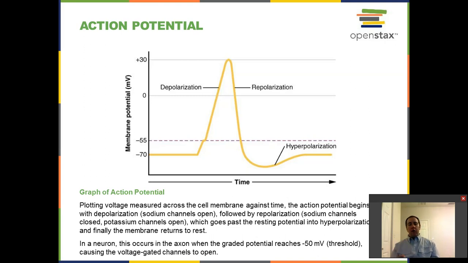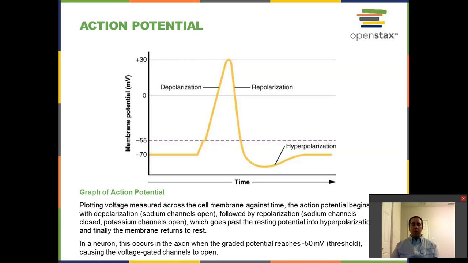So, threshold potential. The voltage that causes the voltage-gated channels to pop open is negative 55 millivolts. So we're here at resting membrane potential, negative 70. We're going along. Something happens. The ligand-gated channels open, and we come up a little bit, and we hit threshold. We hit negative 55.